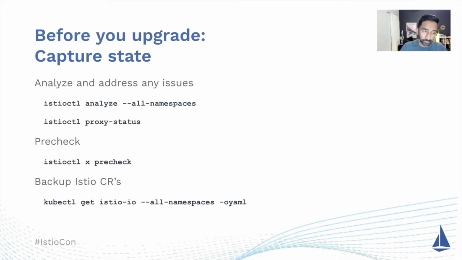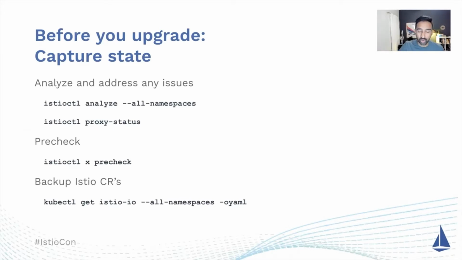Next, if you want to dive in a little bit deeper, istioctl proxy-status will show all of the services, all of your workloads that are part of the mesh. So it's a good way to validate that these workloads are supposed to be part of the mesh, and they are part of the mesh, as well as whether they are up to date in terms of Istio.